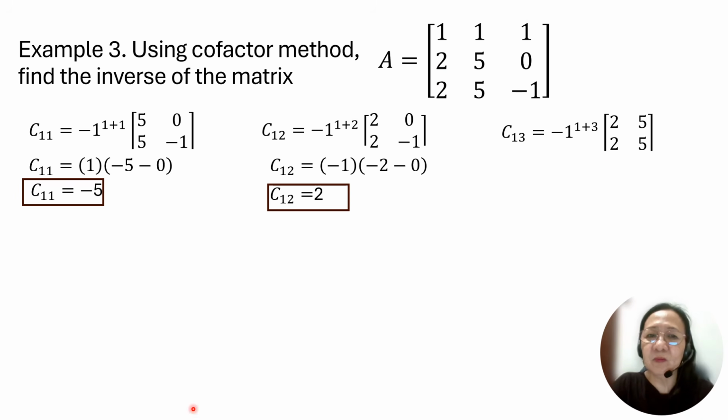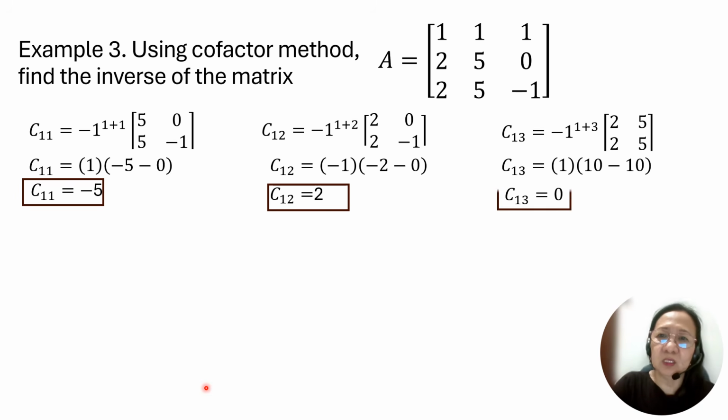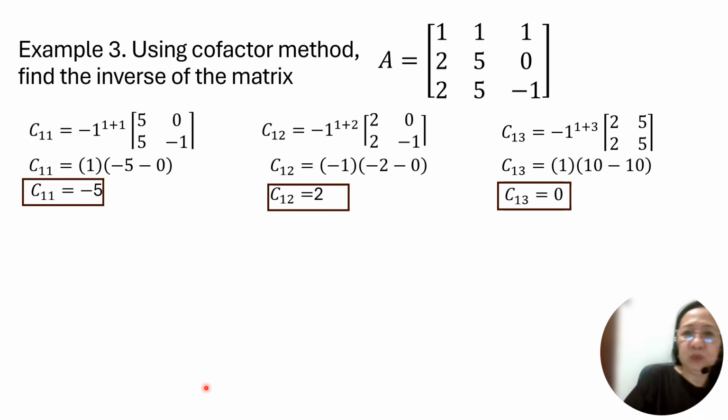Then simplifying, negative 1 is raised to 4, so we have positive 1 here. Then 2 times 5 is 10 minus 2 times 5, which is also 10. Then 10 minus 10 is of course 0. 0 times 1 is 0. So our C sub 13 is 0.